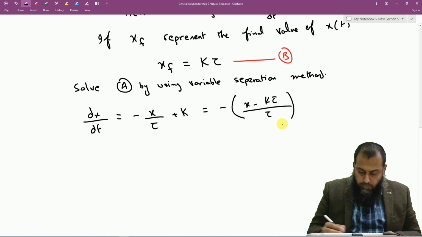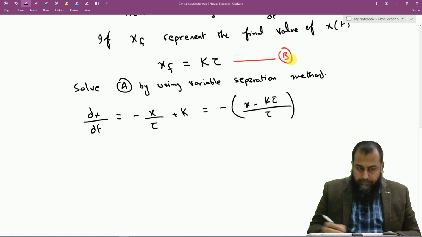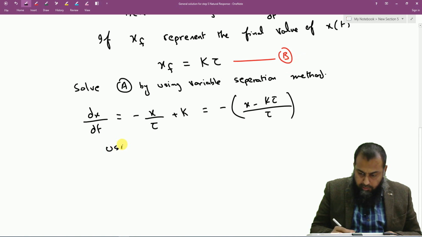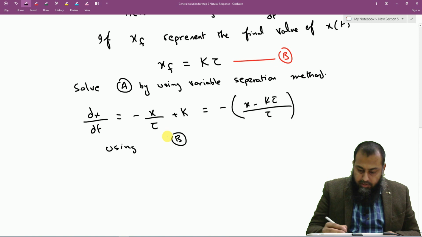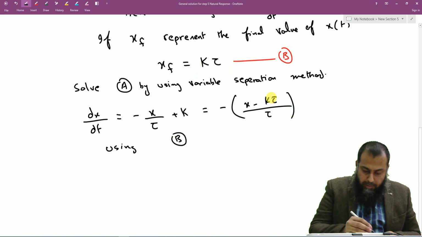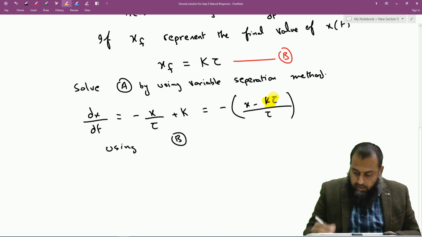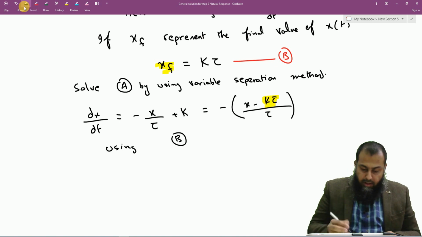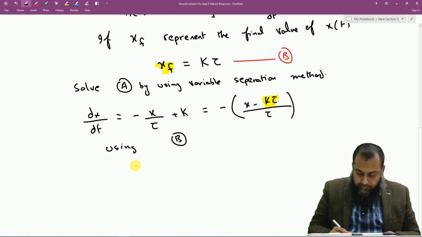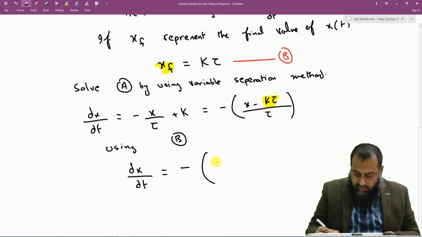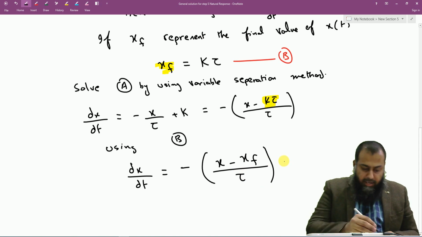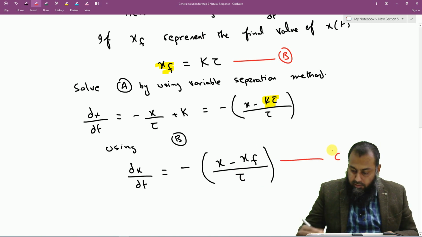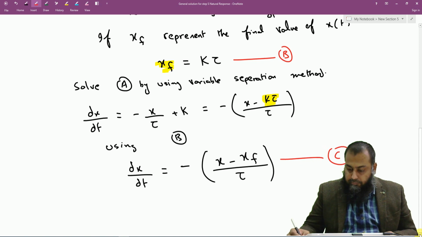Now using the expression for B, this k tau is xf. So I can rephrase this equation as dx over dt is equal to minus x minus xf divided by tau, and let us say that this is my equation C, right?